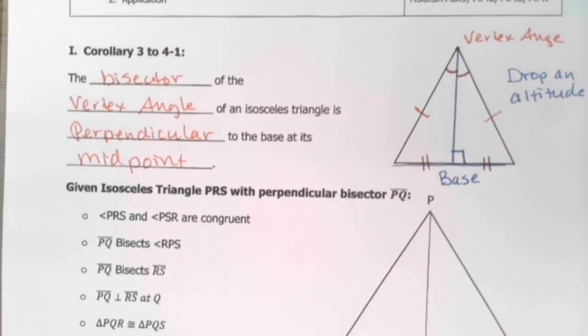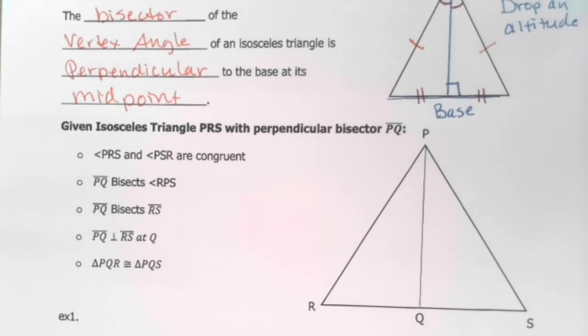Okay, so let's do an example of this. Given isosceles triangle PRS with perpendicular bisector PQ. If this is isosceles and this is the perpendicular bisector, these two sides must be the legs.